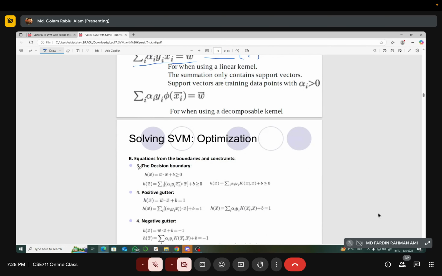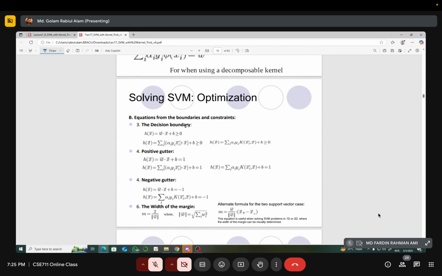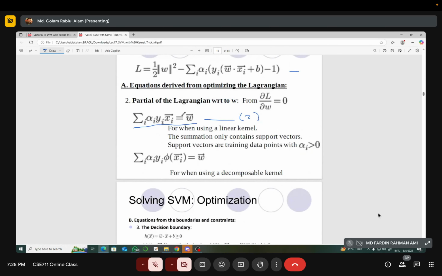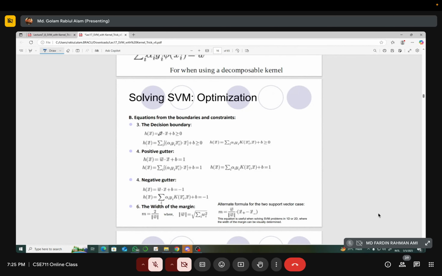Like the equation for the decision boundary, we can just put the value of W here. In our decision boundary, that is our hyperplane, W transpose X plus B, the W is there. So if we put the value of the W, then we will get this equation.